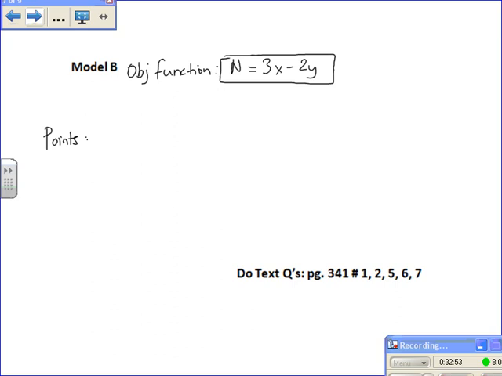Okay, the points, and again, x first and then y, are (0, 9), (5, 4), and (0, 4).